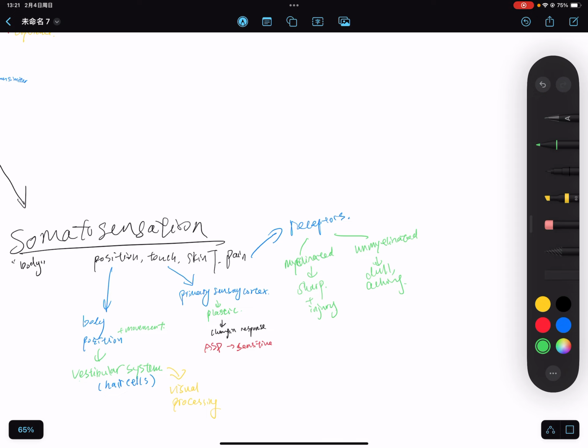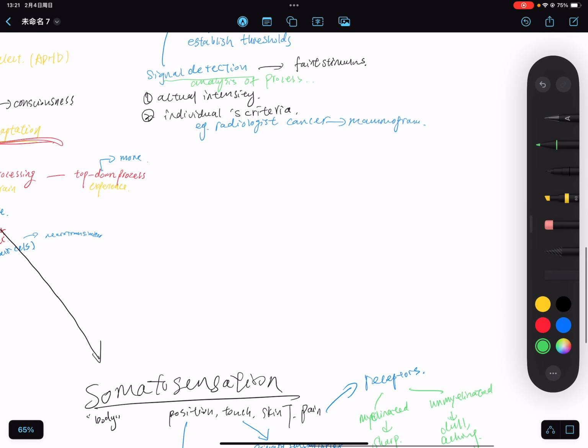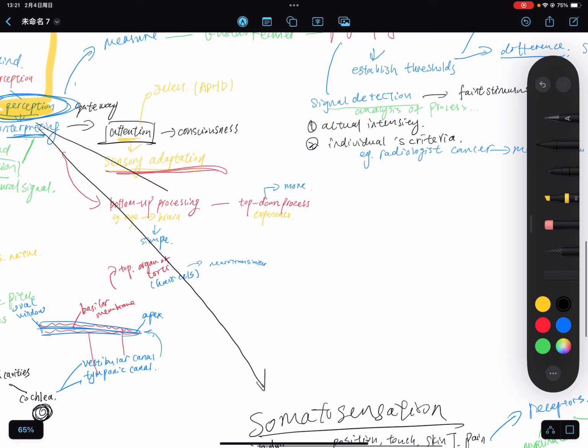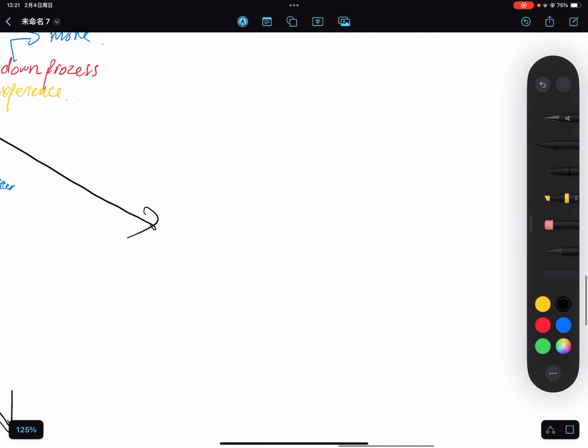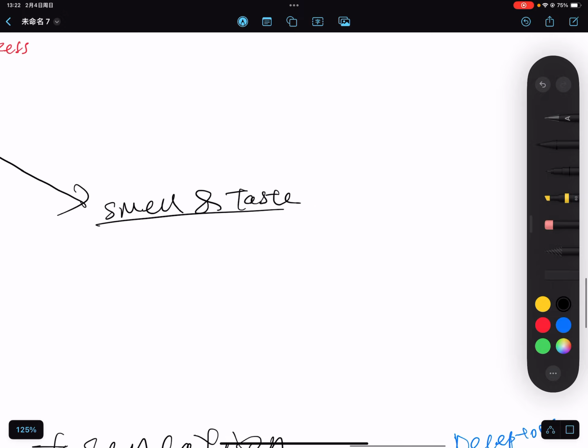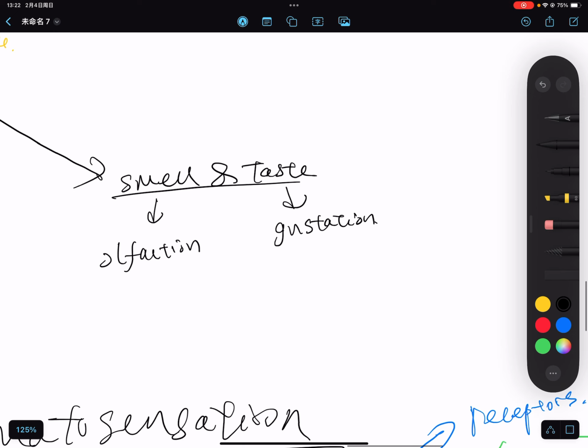So how do we process smell and taste? Smell is considered olfaction, and taste is considered gustation. For olfaction, there are many olfactory nerves that synapse with the olfactory bulbs.